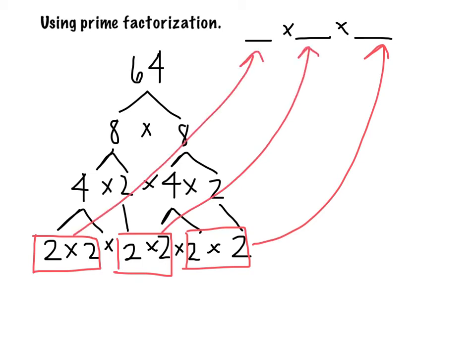And then to make it easier for myself, I would multiply those out. 2 times 2 is 4, another 2 times 2 is 4, and then of course the last one is also 4. You're looking for all 3 of those numbers to be the same number, and then that number is your cube root. So we would say here that the cube root of 64 equals 4.